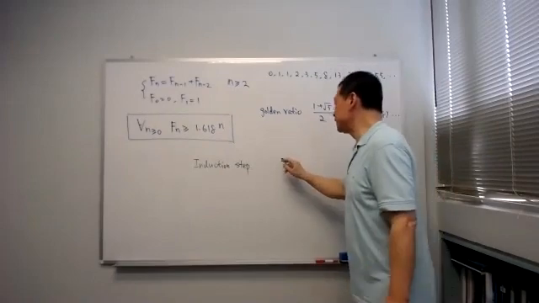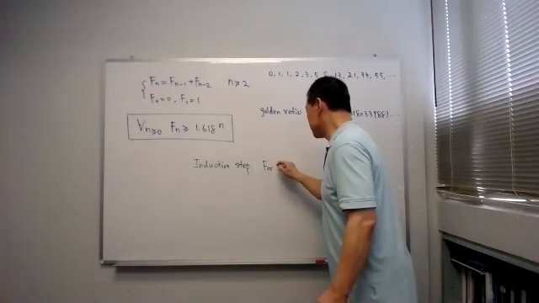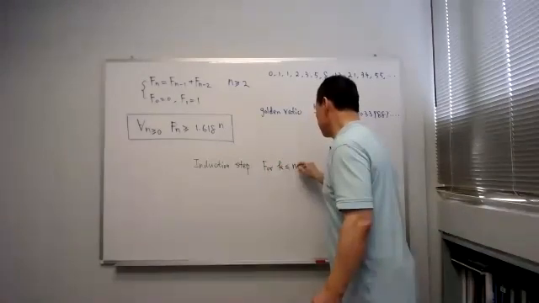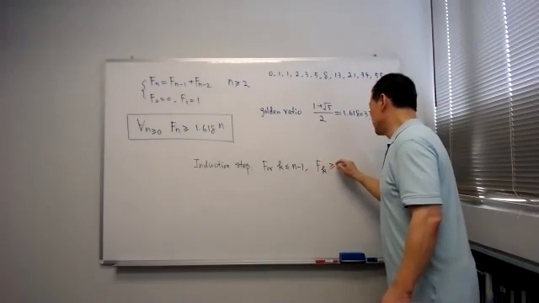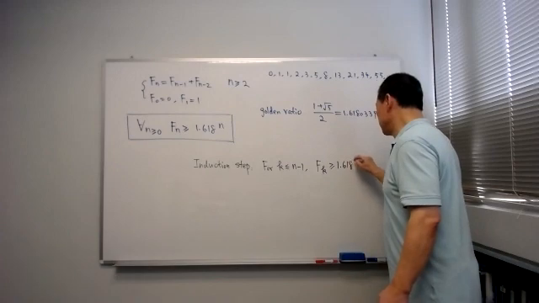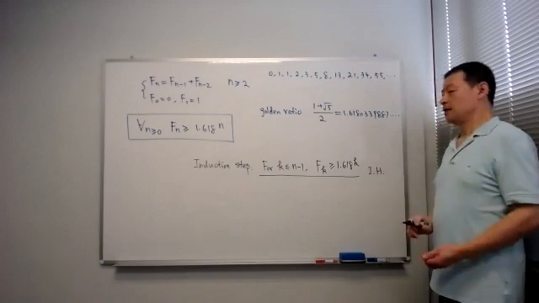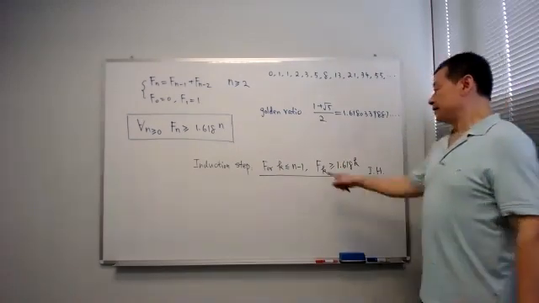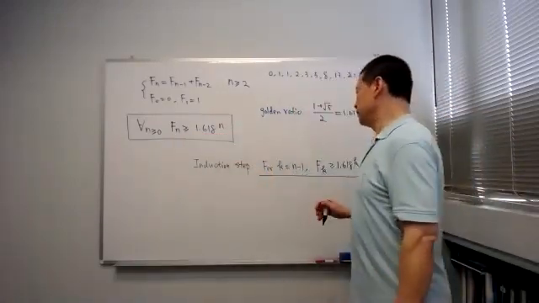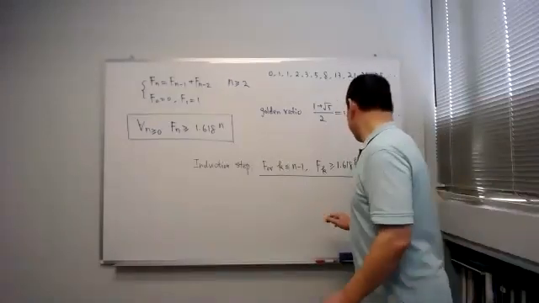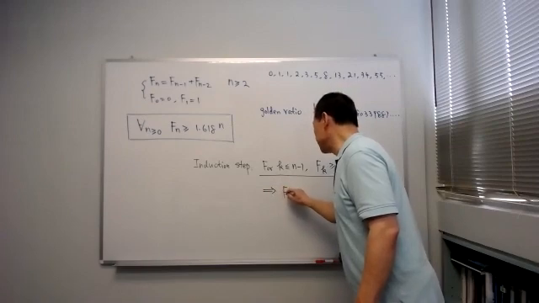Typically we say that for any k less than n, F_k is at least 1.618 to the power k. That is the induction hypothesis. Now, in the induction step, we want to show that this still holds for n.